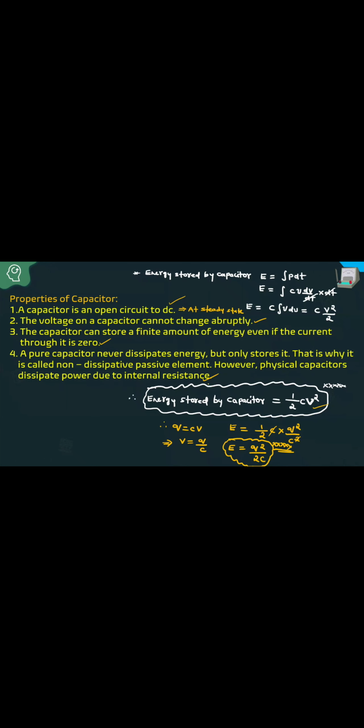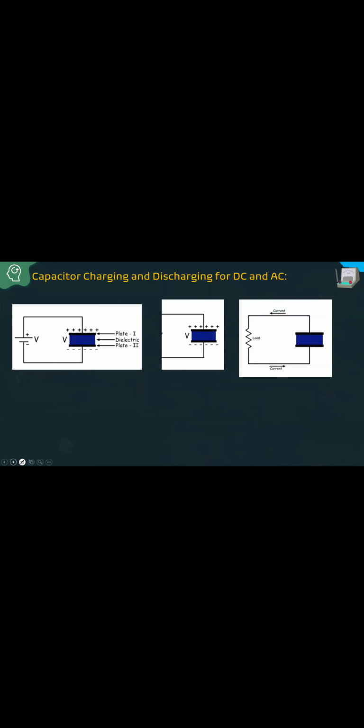However, a physical capacitor dissipates power due to internal resistance. That's why a capacitor is an energy storage element. A pure capacitor never dissipates the energy; only a practical capacitor dissipates energy. These are the properties of a capacitor.